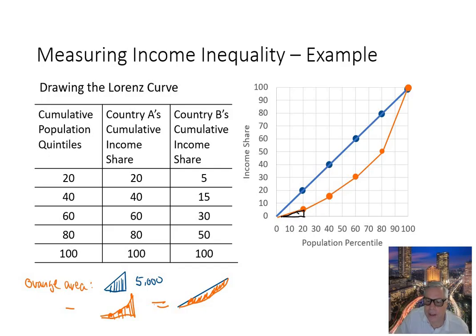Let's call that A. A is equal to 20 times 5, that's 100, because here this is cumulative 5. But it's a triangle, so we divide by 2. So area A is 50. Next we have a rectangle.